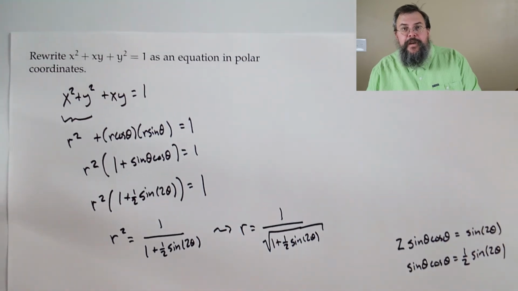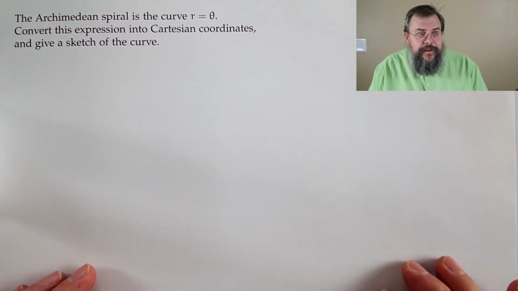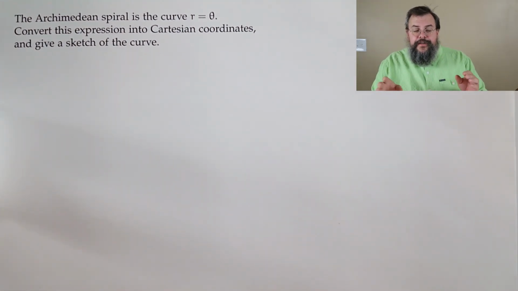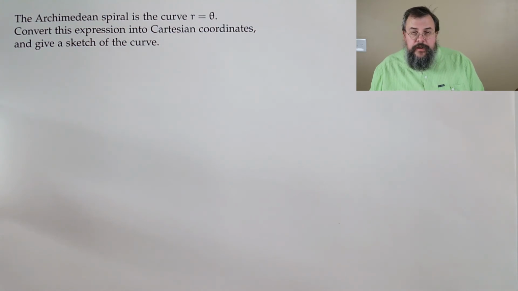All right. Well, let's do a little bit more. Okay, here we go. Oh, yeah, this curve. Famous curve. It's called the Archimedean spiral. It's named after Archimedes. He's a very famous mathematician who lived in ancient Greece.